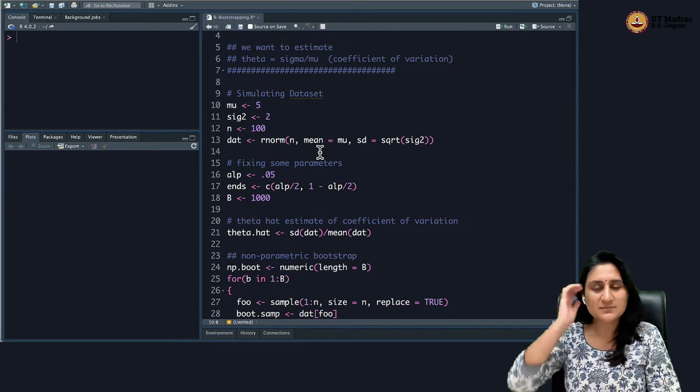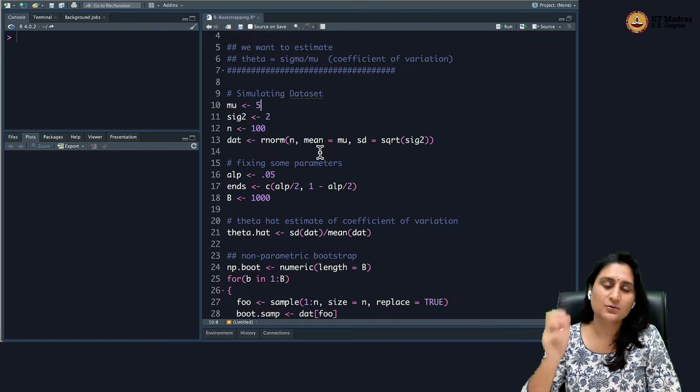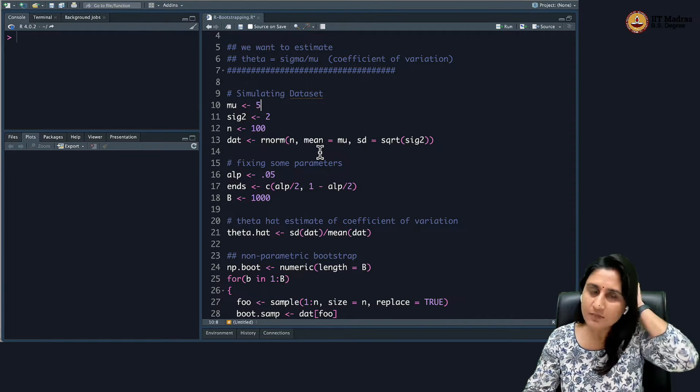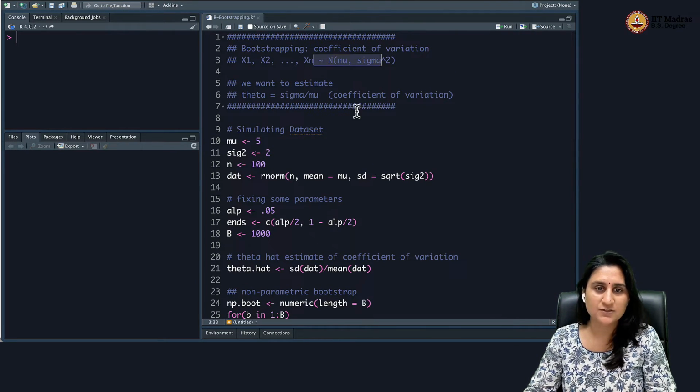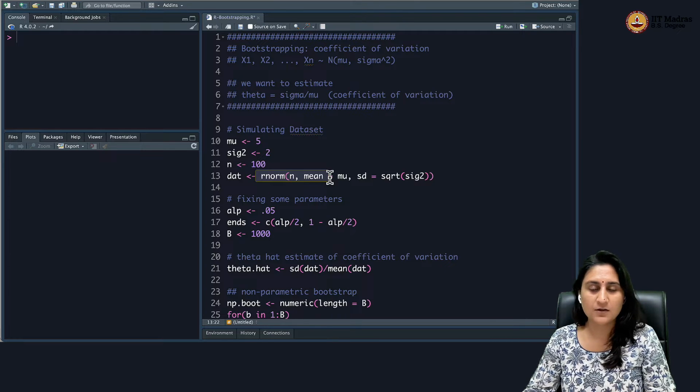So first, I'm going to simulate data sets just so I have some control over what's going on. My mu is 5 and sigma squared is 2. The number of data points I'm going to draw from my target normal distribution, which is what the data assumes, is n. It's going to be 100 observations right now.